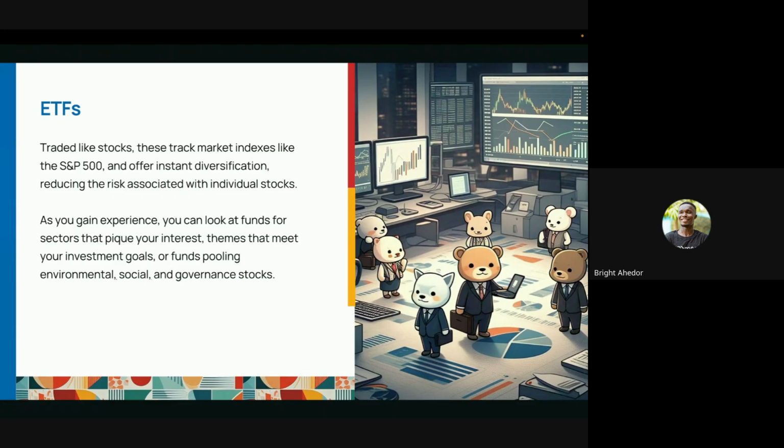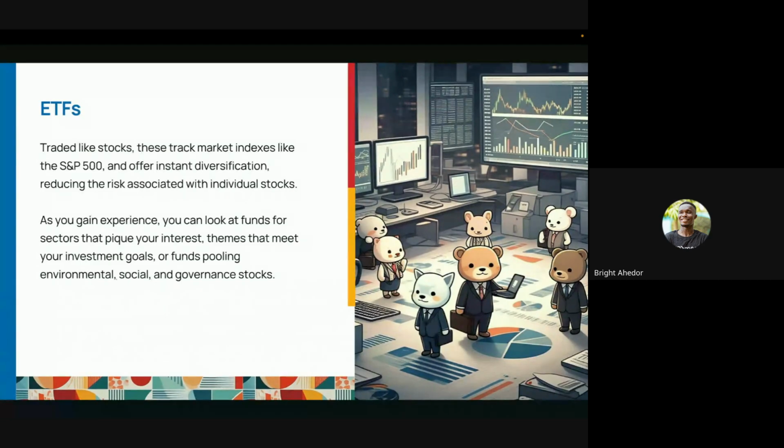They group them together. We call them S&P 500. And they are funds that allow you to buy all those 500 companies by paying one. So for instance, if I invest $50 in an ETF, the ETF will split the $50 over all the 500 companies. So these are easy ways for you.